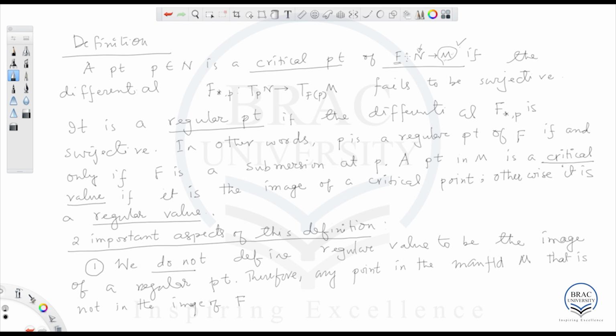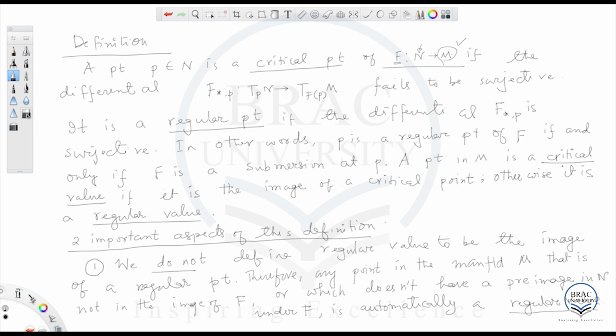Okay, so therefore any point in the manifold M that does not have a pre-image in N under F is automatically a regular value. Okay, good.